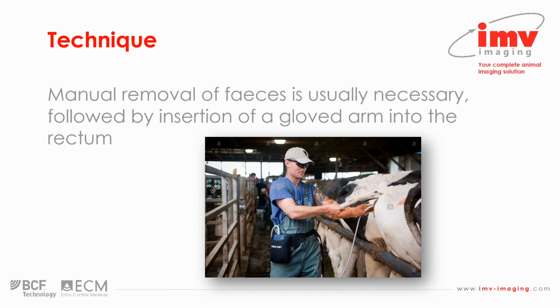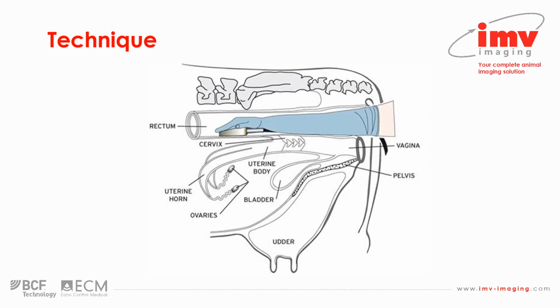so pick whichever suits you, but at least consider, if you're getting interference between the probe surface and the rectum, you're getting poor contact issues and drop out of the ultrasound image, then it may be worth considering manual removal of feces.